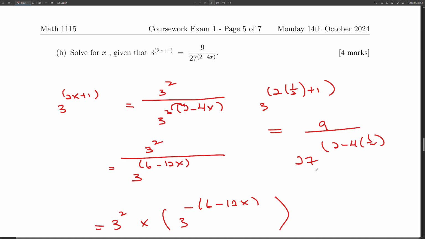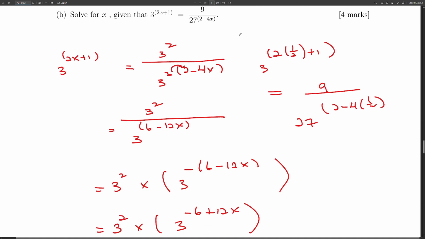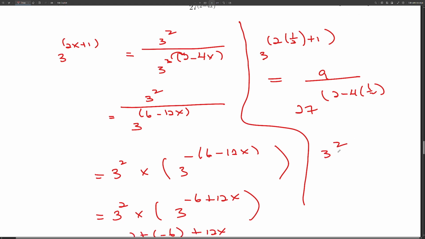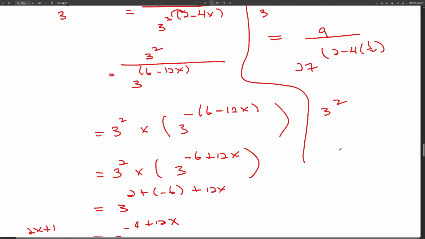So a half of 2 is 1, 1 and 1 is 2. So the left hand side becomes 3 squared. And the right hand side: a half of 4 is 2, and 2 minus 2 is 0.